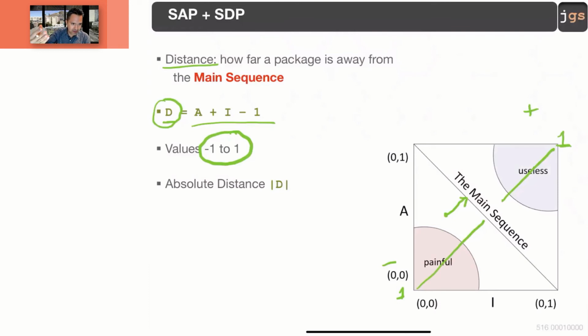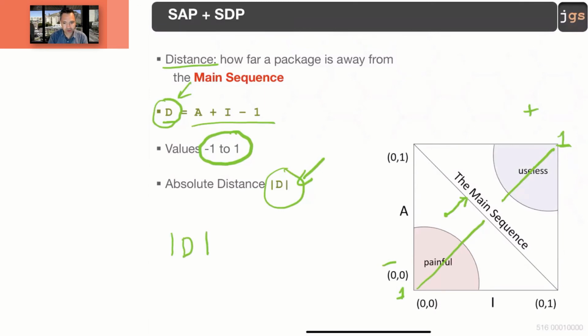Another metric, a different one, is this one. Do we notice the difference? We have distance and we have absolute distance. Distance, D. Absolute distance, the D inside of the bars. The bars mean absolute value.